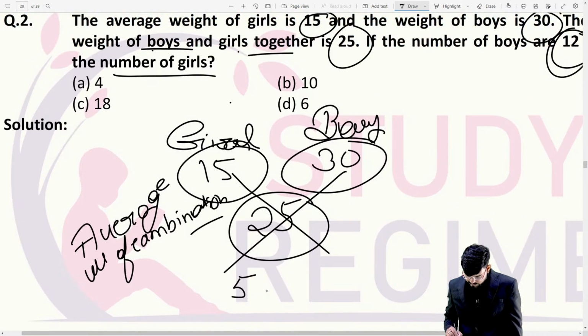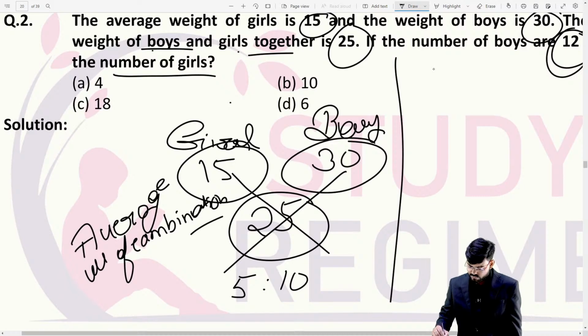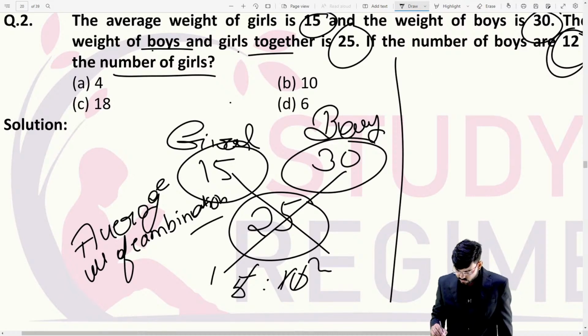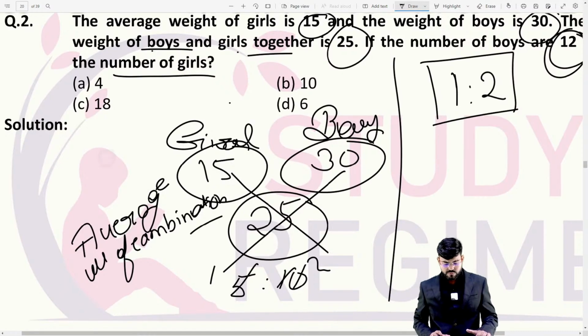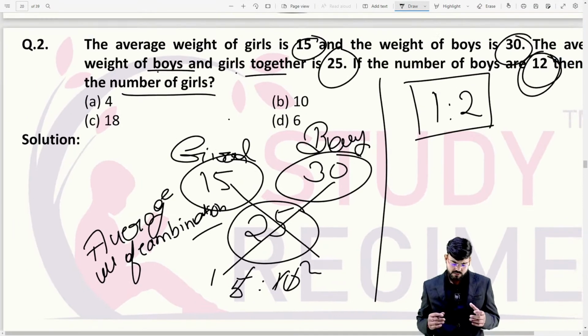You will get 5 over here and 10 over here. If you want to find the ratio, 5 is 1, 5 is 2. So the ratio is coming off 1 ratio 2. What is the ratio coming off? The number of boys or number of girls in a classroom.